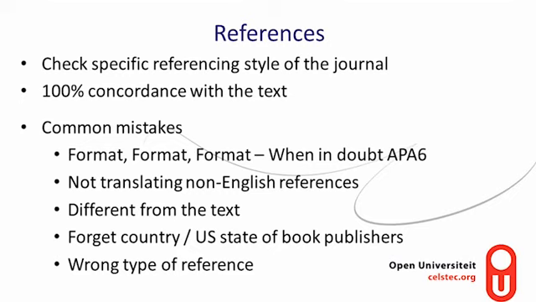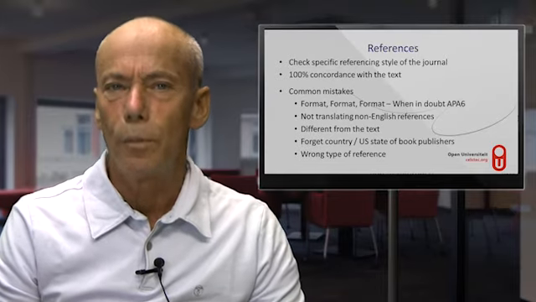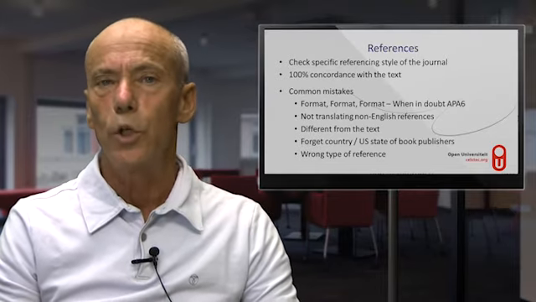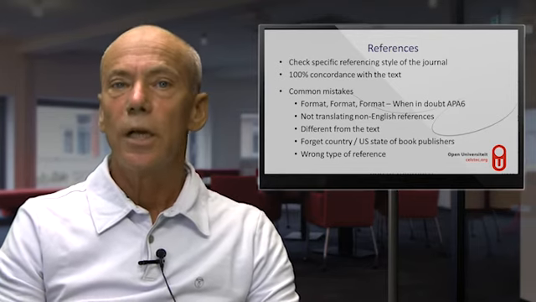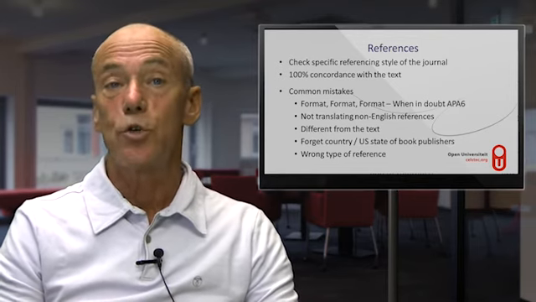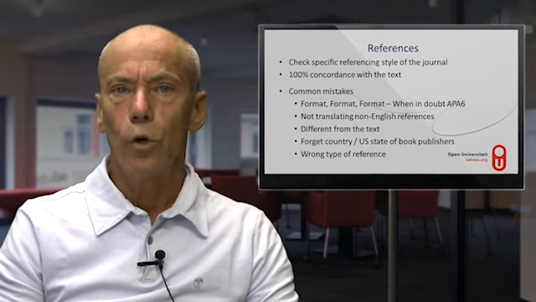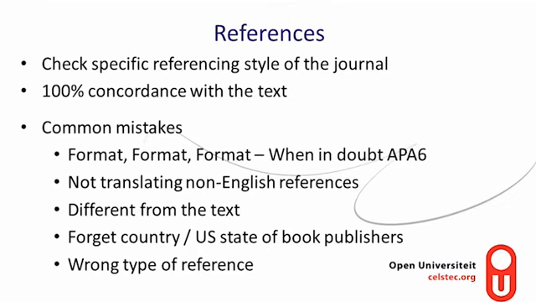That's not always necessary. Paris, New York, those are places that are fairly unique, but Cambridge could be just as easily Cambridge, England, as Cambridge, Massachusetts. Check your style manual. And also, as I said, from the format, from the wrong type of reference. Referencing a report as if it was a published article.